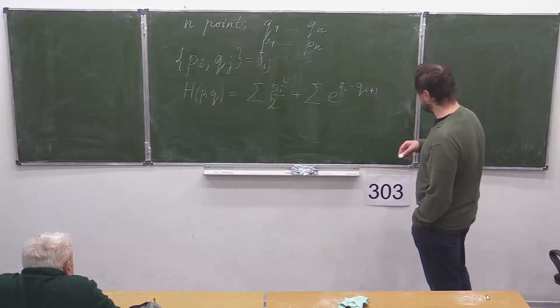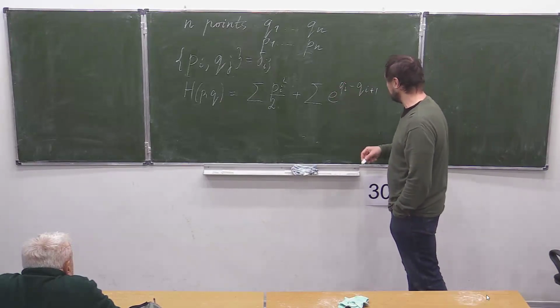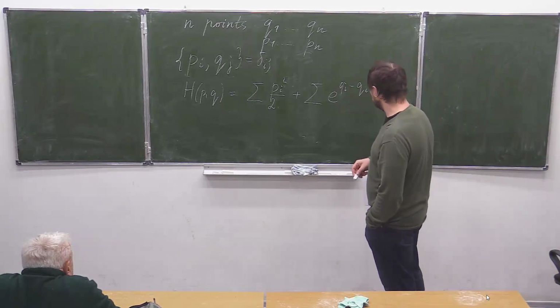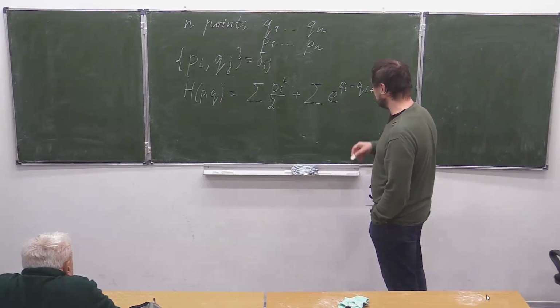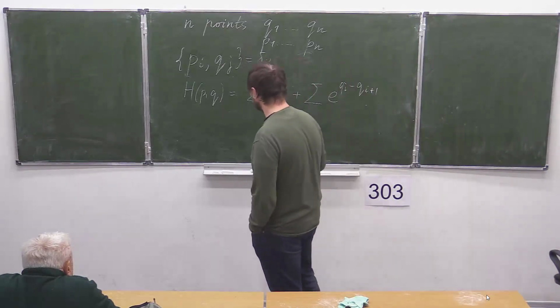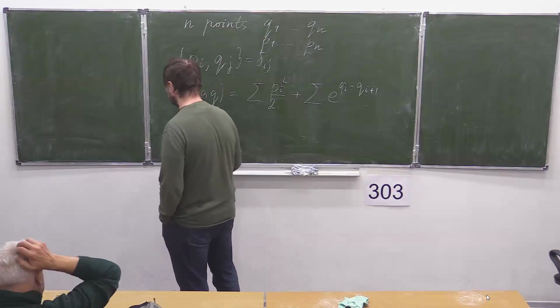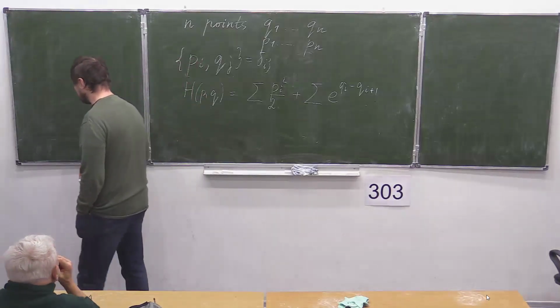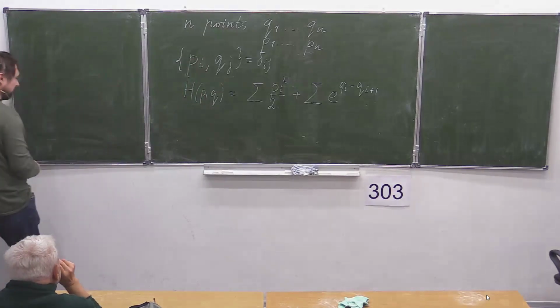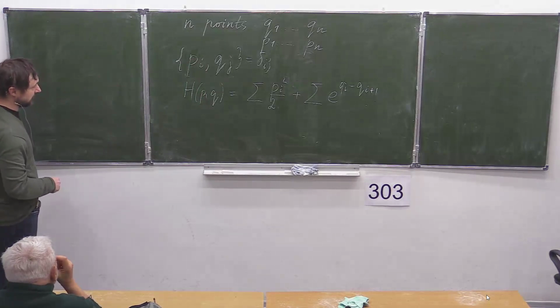And so the interest in this system was revived by this paper, and ever since that time, this system and its generalizations are called Toda systems. This in particular is called the Toda chain, or open Toda chain sometimes. A few years after Toda, it was finally proved that this system is in fact integrable.